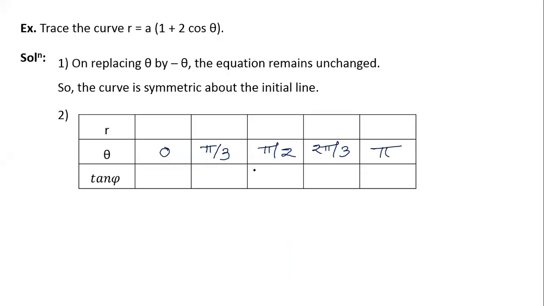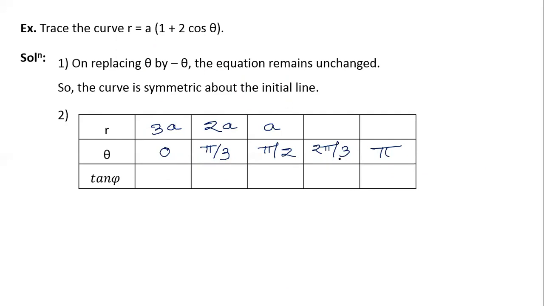These are the 5 values we are taking. Let us find the corresponding values of r. Theta equal to 0, r equal to a times 1 plus 2, that is 3a. Theta equal to 60°, cos 60 is half, and r will be equal to 2a. Then theta 90°, cos 90 is 0, that will be a.